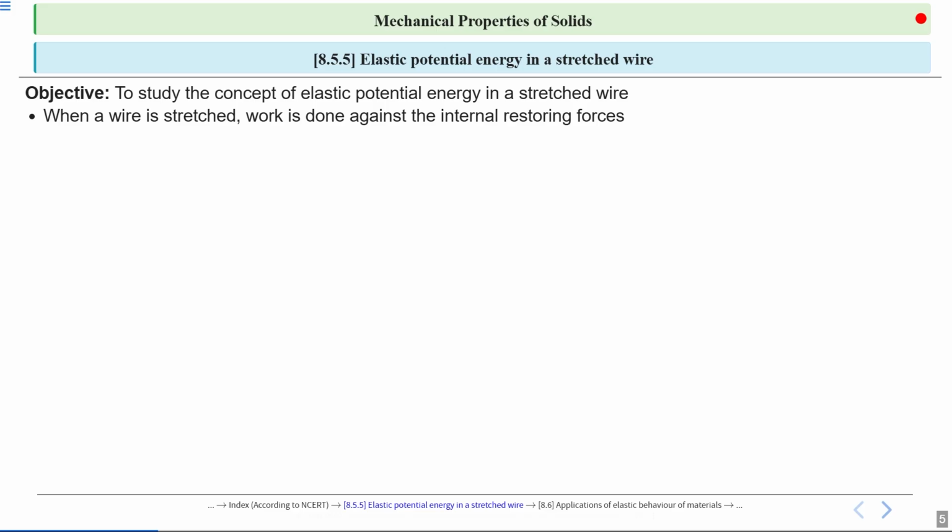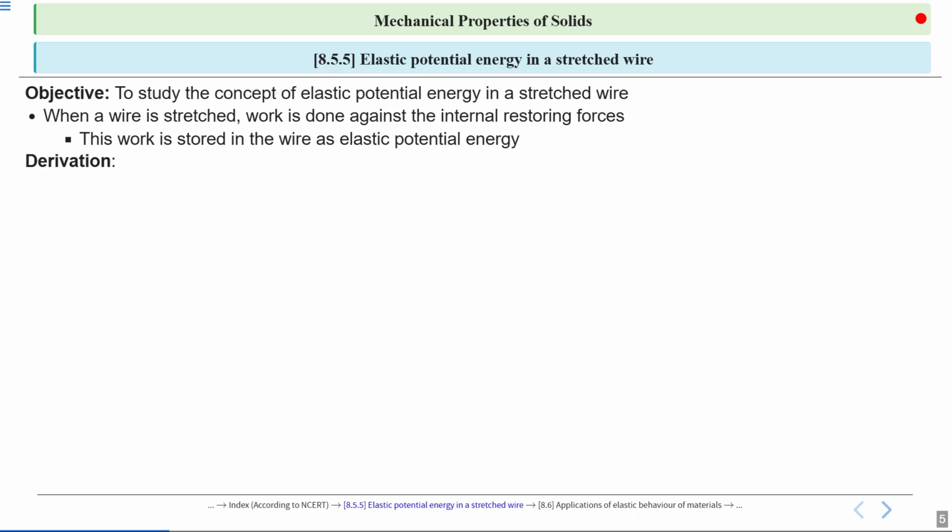These internal forces are what make the wire want to return to its original length after being stretched. The work you do to stretch the wire does not just disappear. It gets stored inside the wire as elastic potential energy. This stored energy is what allows the wire to snap back to its original shape when you let go.